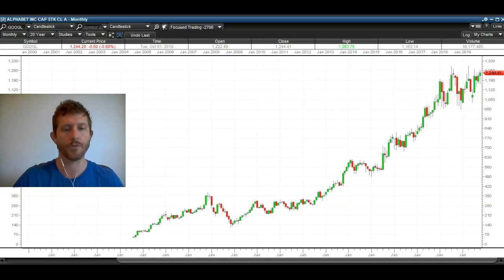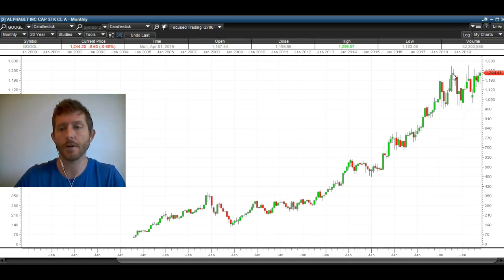All right, so let's take a look at Google, and then we'll work our way down to Nike. So this is the monthly chart for Google going back 20 years. It's not quite 20 years old as far as the stock is concerned, but we've got a lot of data to work with. So I'm going to go over the current price action, and then I'm going to show you other times where price action has looked very similar, and you can see the results for yourself.